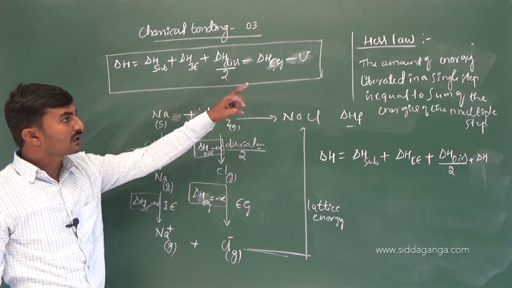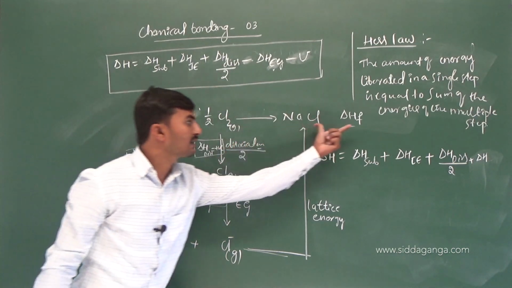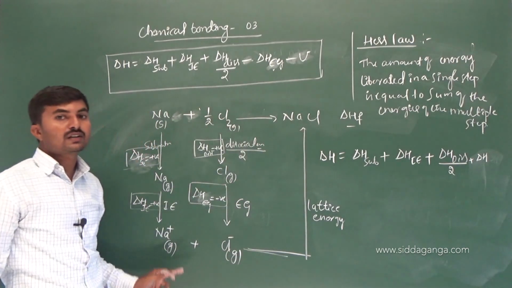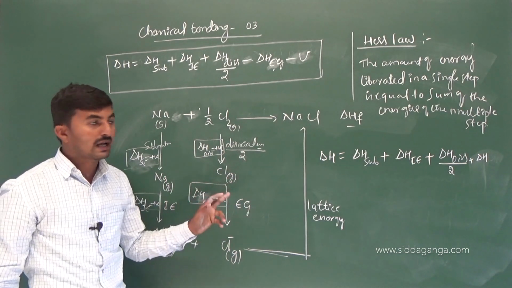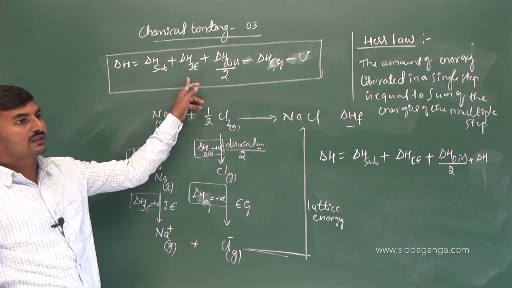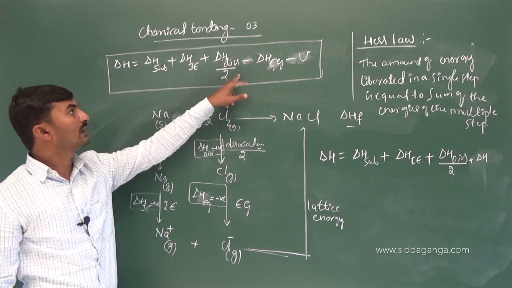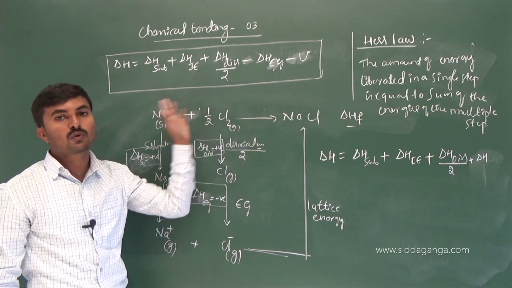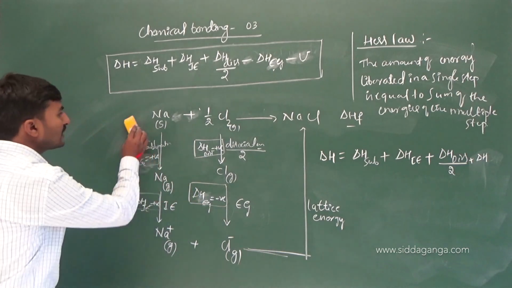Here, according to Hess's law, the amount of energy liberated in a single step is exactly equal to the sum of the energies of all the reactions. That is explained by this reaction. By using this condition, we can calculate the lattice energy of an ionic compound more easily. Okay, next, is it clear?